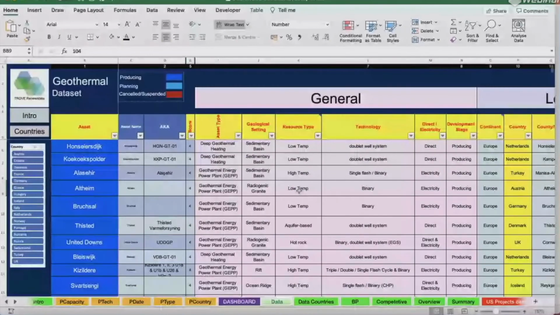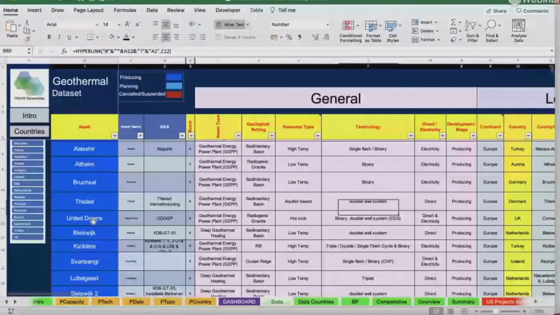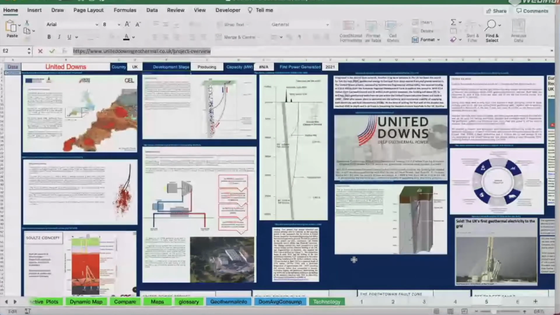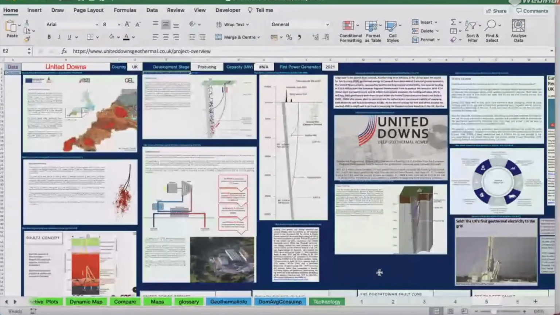But that's not all that TROVE is. We call TROVE a knowledge base because it's not only data in a table, but you can also click on any asset and you'll be taken to an asset summary page or overview page. And this is basically a collation of all the public domain data that we've used to build the data table. And all of it is linked, so you can copy these, paste them into Google, and you're taken directly to the original source.